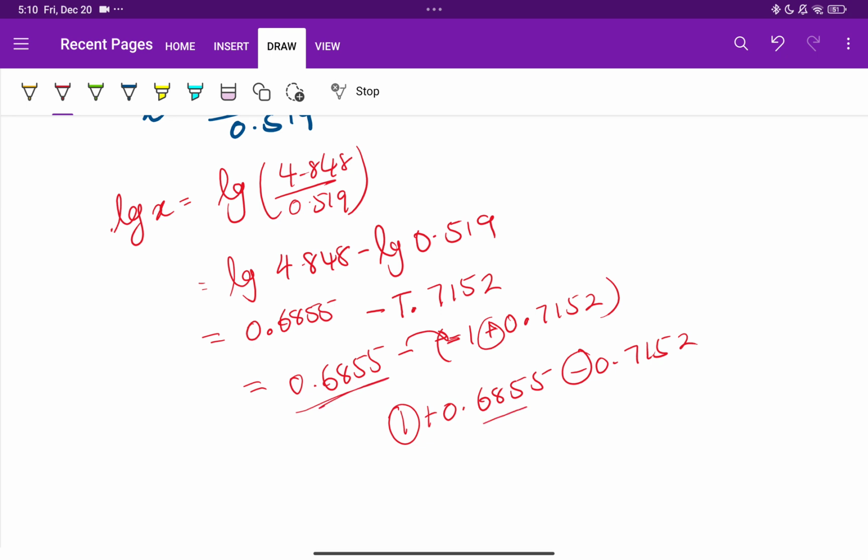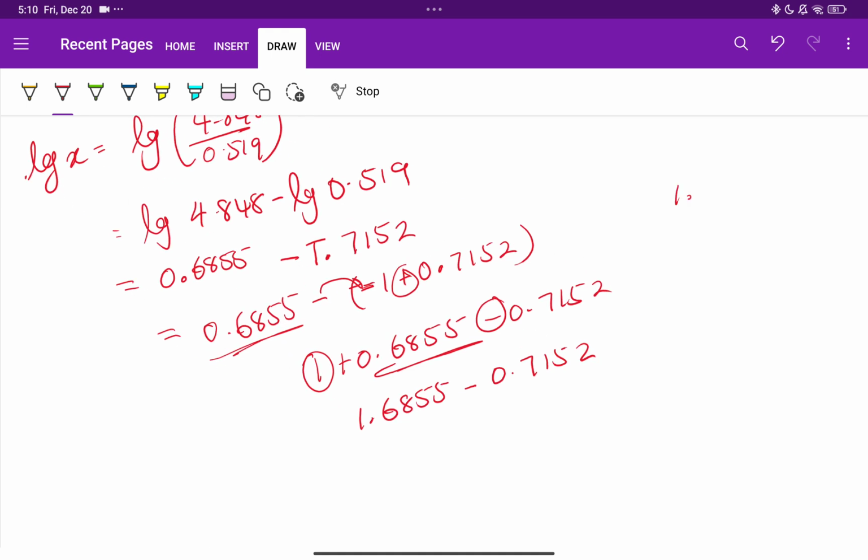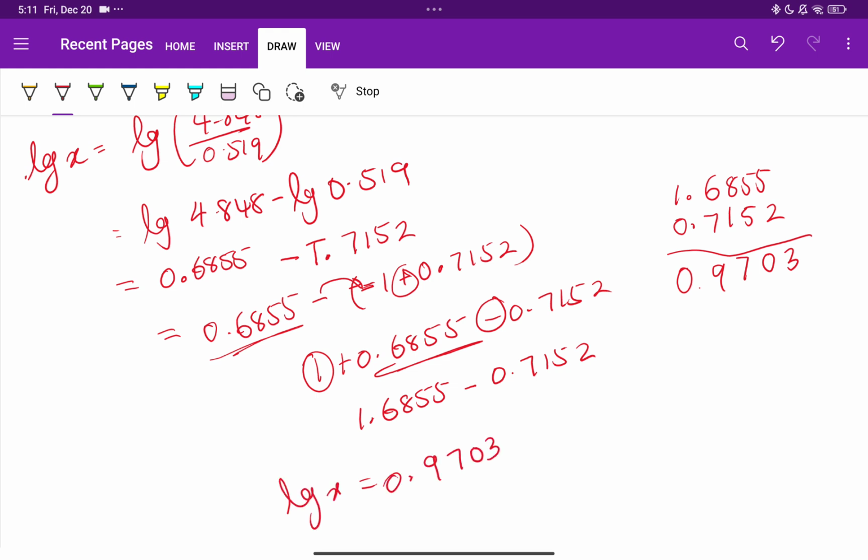This was as it is plus. So 1.6855 minus 0.7152, we have to take the difference. 0.3079, that is 0.9703. That would be log of x.